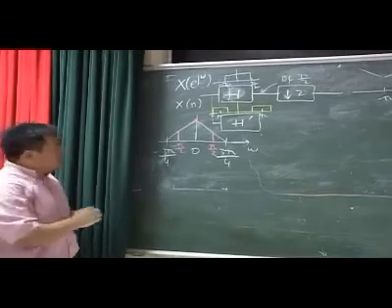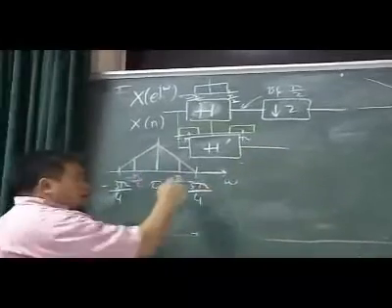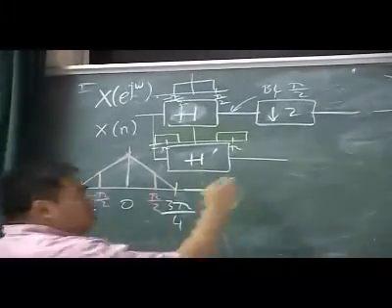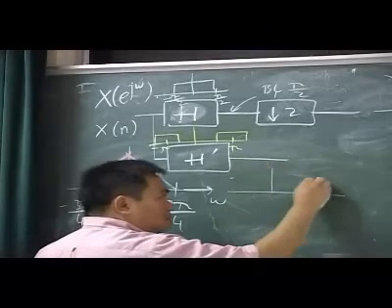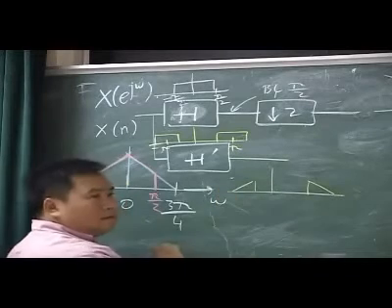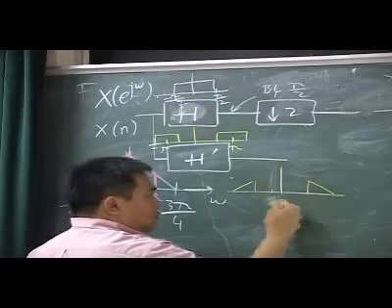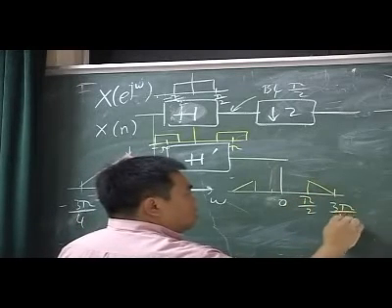What happened? Over here, I'm saving this part. So the spectrum of this signal right there is this. This is pi by 2, 3 pi by 4.